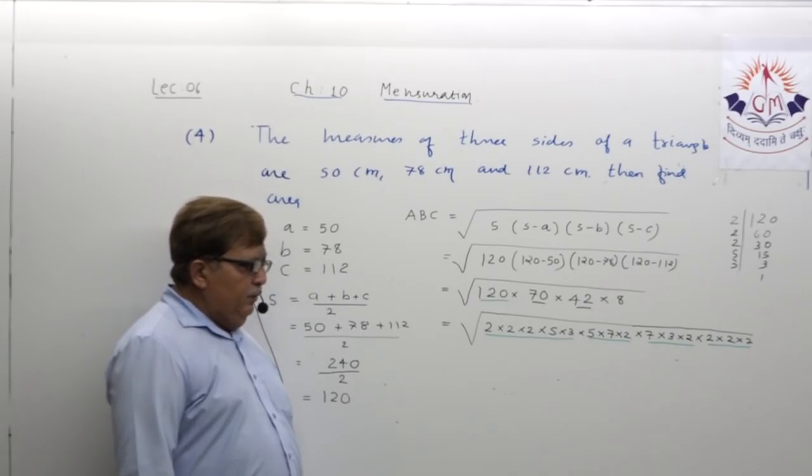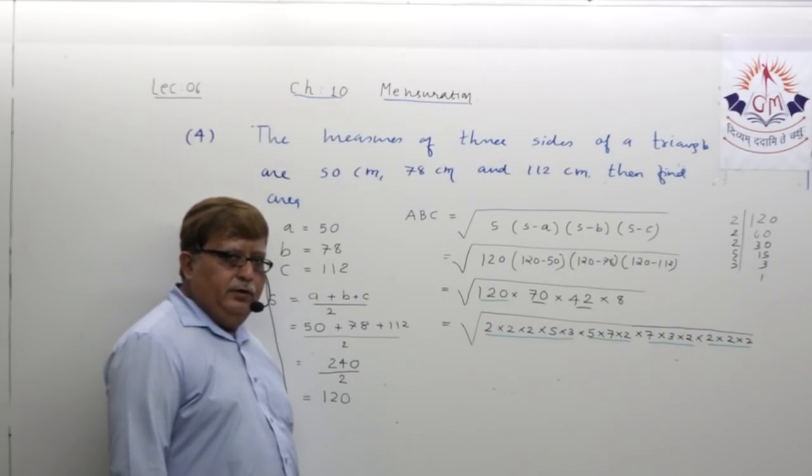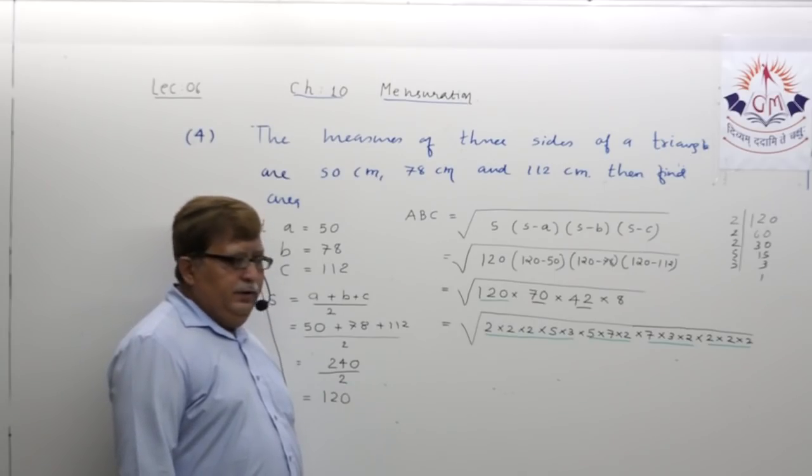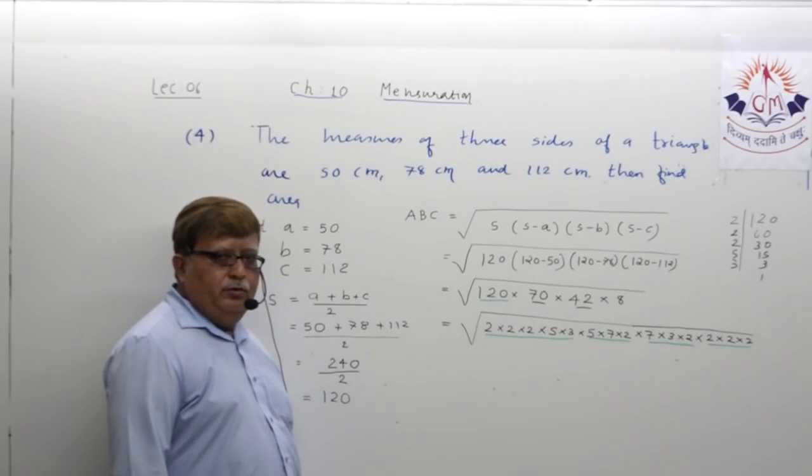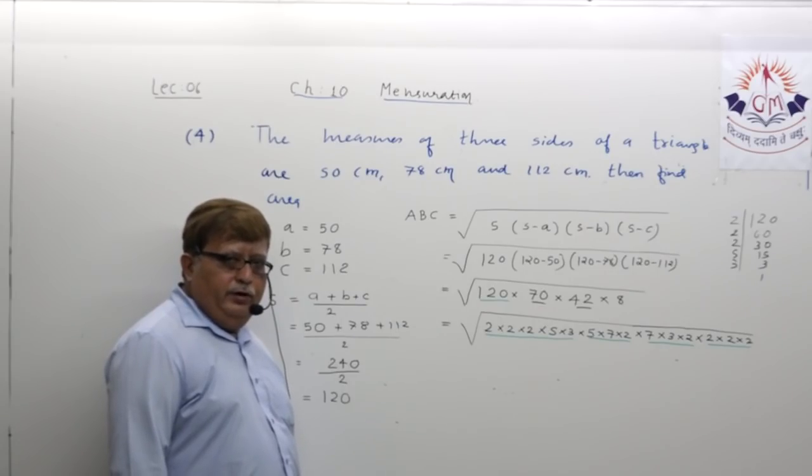Now, after prime factorizing each and every number, it's time to make the pairs.